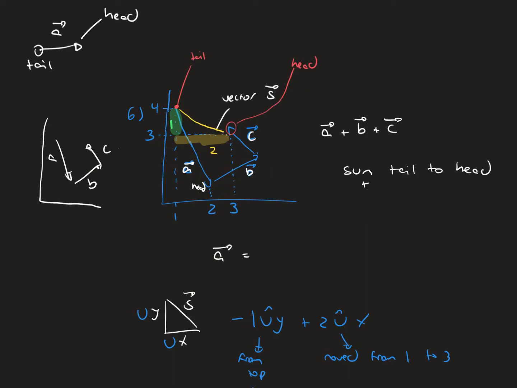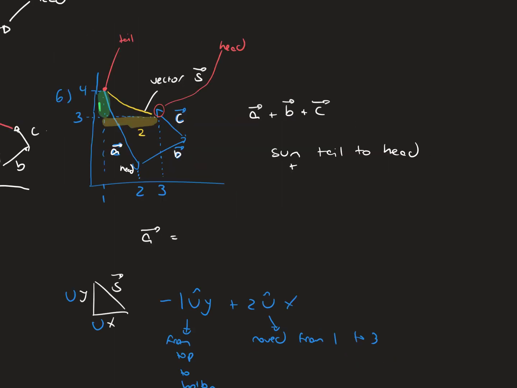Now to find the sum of the vectors A plus B plus C, what we can do is find this vector right here that's going to unite the tail of vector A and the head of vector C. So just to make sure, when we do the sum, we're going to go from the tail, in this case from vector A, to the head of C. But if we were going to do the difference, the subtraction, we'd go from head to head.